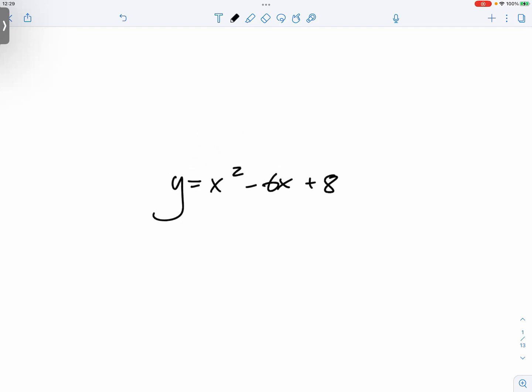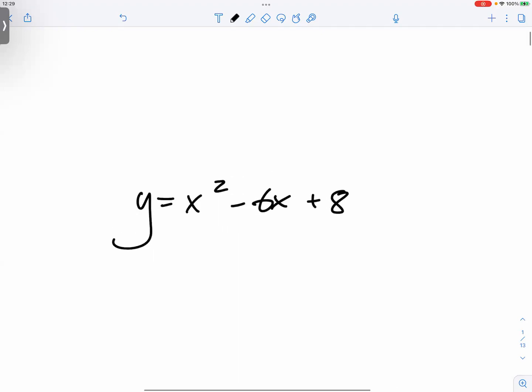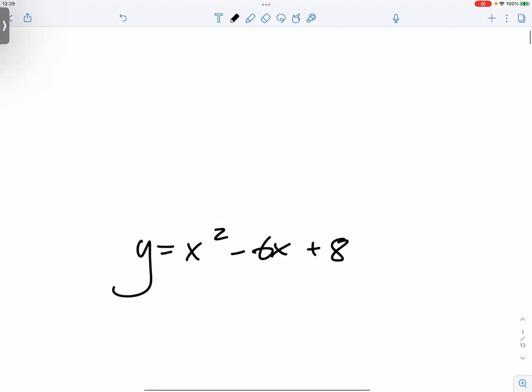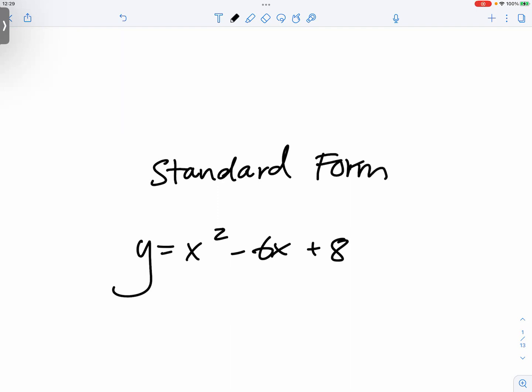Okay. So the first thing I want to ask is this: what's the name of this form? This is called the standard form, right? Okay, and with this standard form, what kind of information can you extract right away and use?